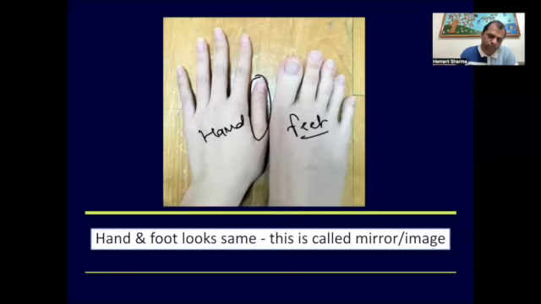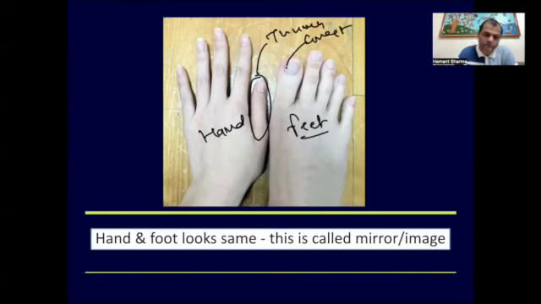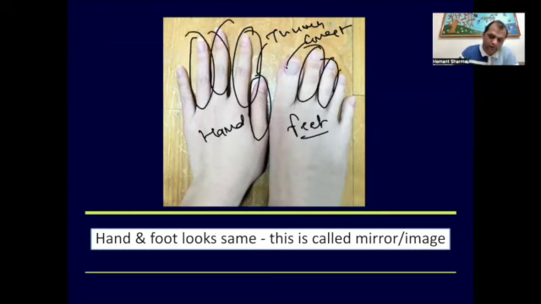So the thumb looks like the great toe. This is called the mirror and image system. Index finger looks like index toe. Middle finger looks like middle toe, ring finger like ring toe, small finger like small toe. This is called the mirror and image concept.